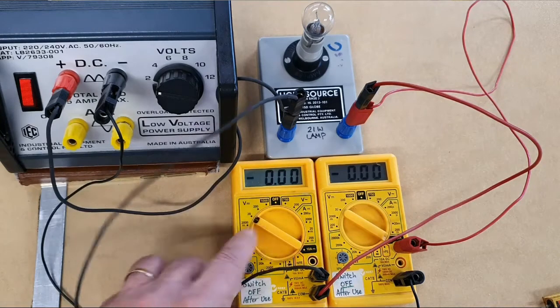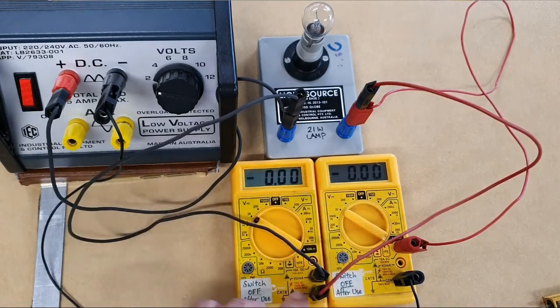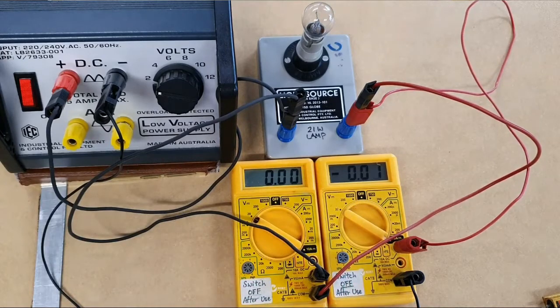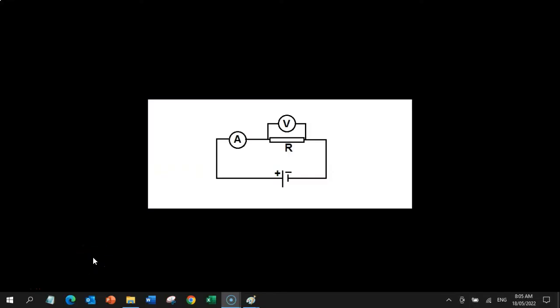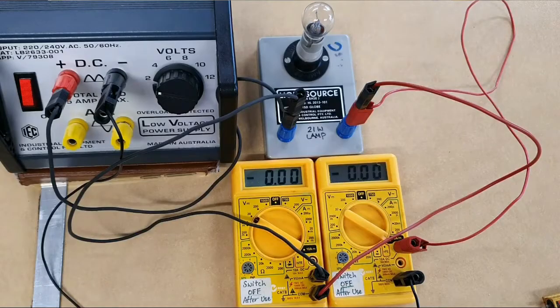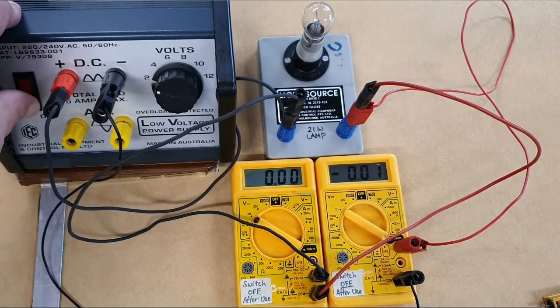And you might notice how the multimeters are connected differently. So this is the circuit diagram here, and you can see there that the ammeter is in series and the voltmeter is in parallel. So we can start this by turning this on.